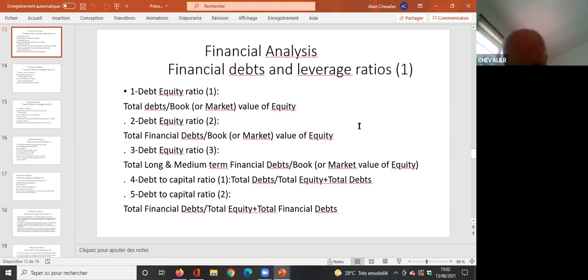You find differences, but the convergence is around 1. It means the principle is very simple: no more financial debt than total equity. We, of course, have our methodology, but one of the principles is that we never lend to a firm more than the level of total equity brought by the shareholders.